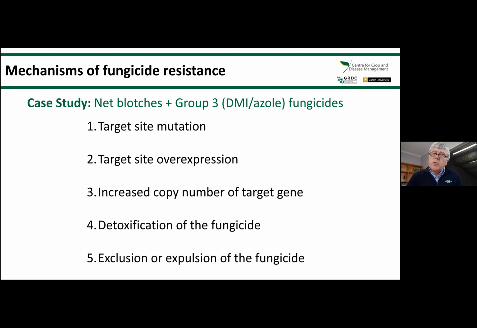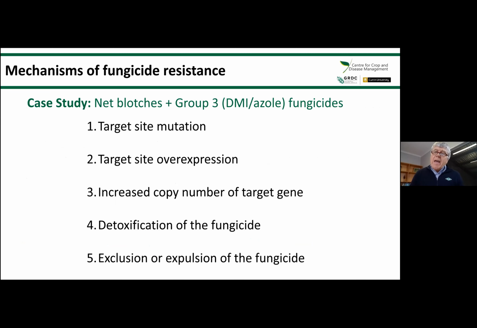And the first is what's happening in WA takes resistance to the DMIs to a new level. Most of what we've talked about so far is changes in the binding site of the DMIs in diseases such as Septoria tritici.